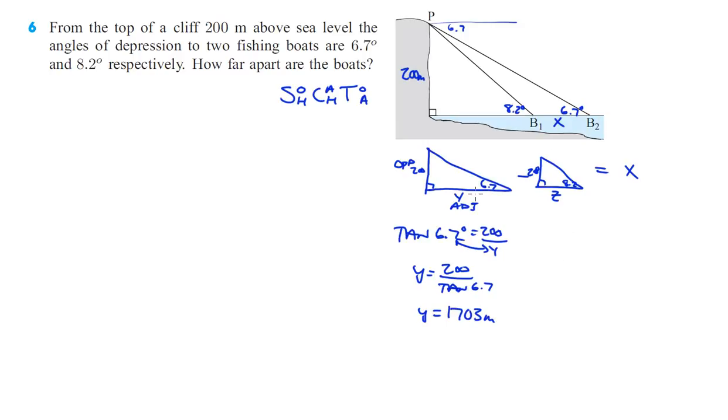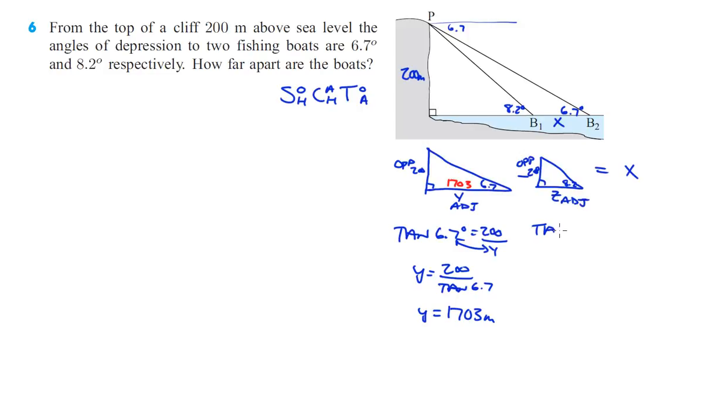meters. So that's this distance here, 1703. Now let's find the distance from here to here. This is opposite and adjacent still.